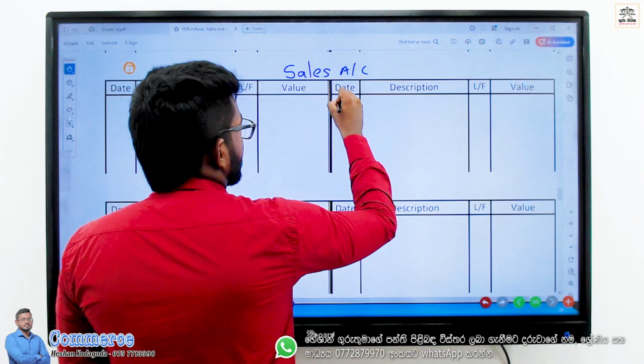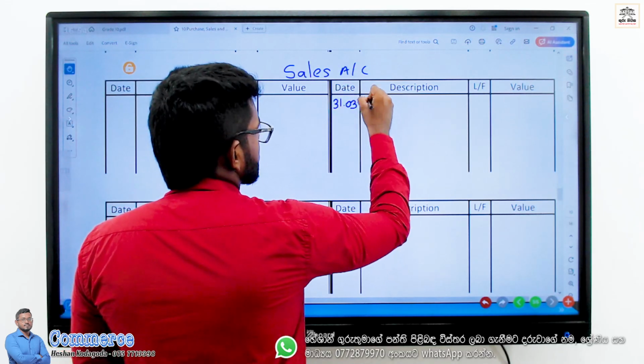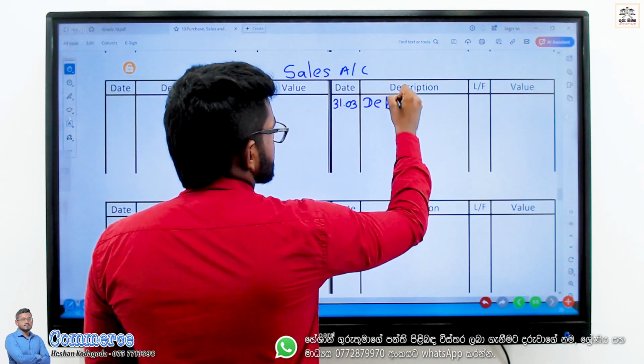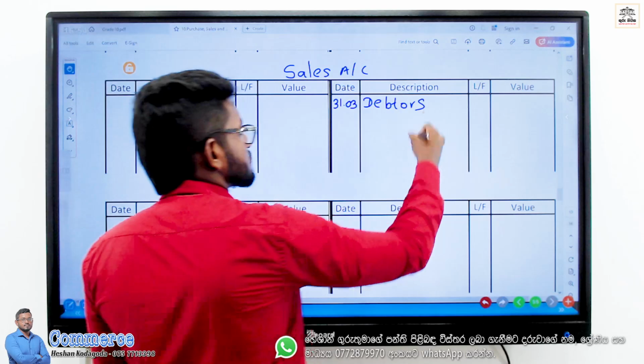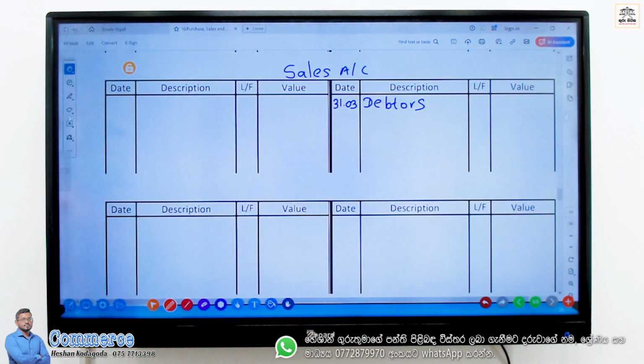Write the month end date 31st of March. Description as debtors.